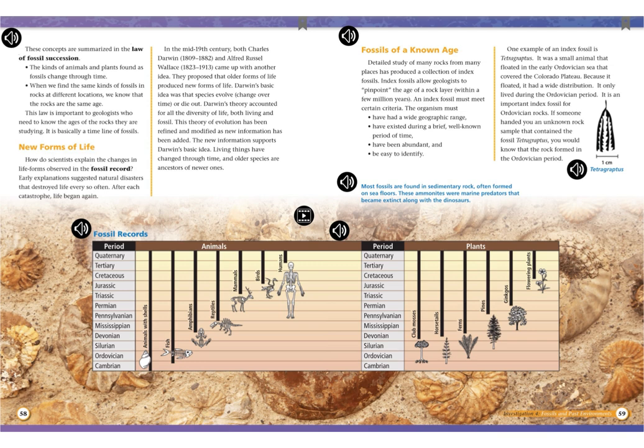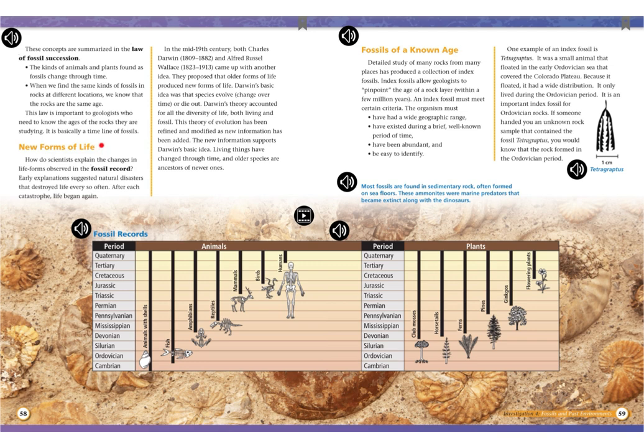And when we find the same kinds of fossils and rocks at different locations, we know that the rocks are the same age. This law is important to geologists who need to know the ages of the rocks they are studying. It is basically a timeline of fossils.